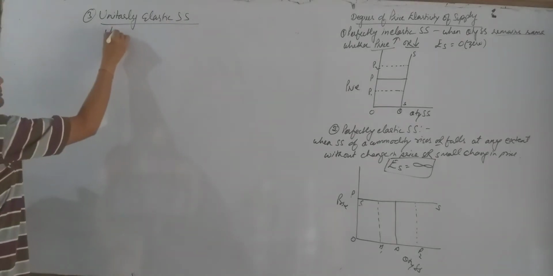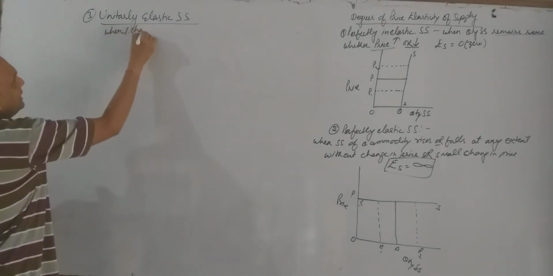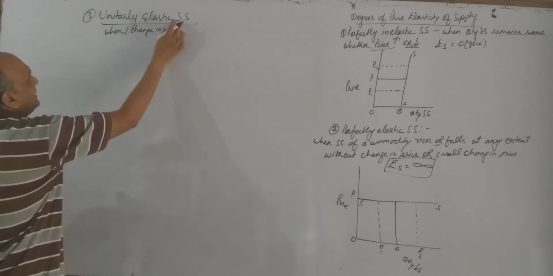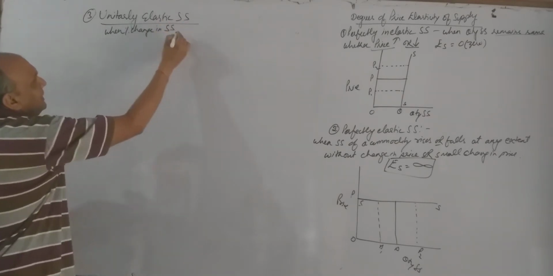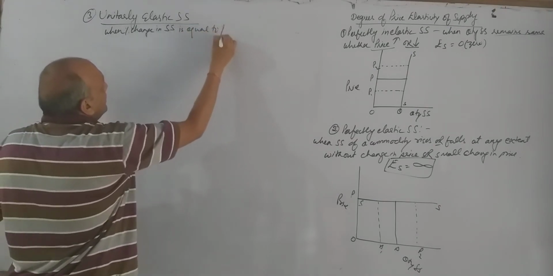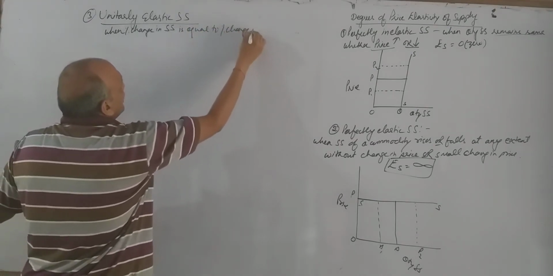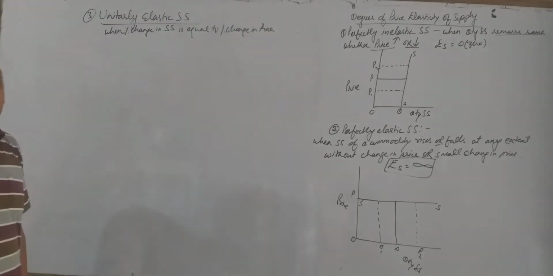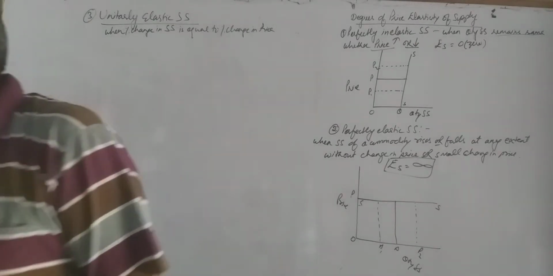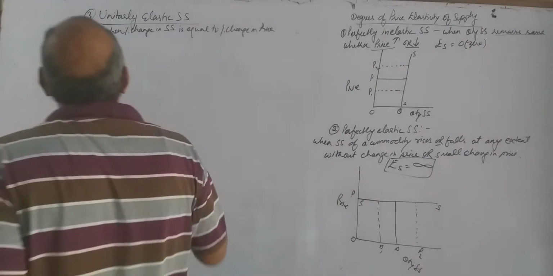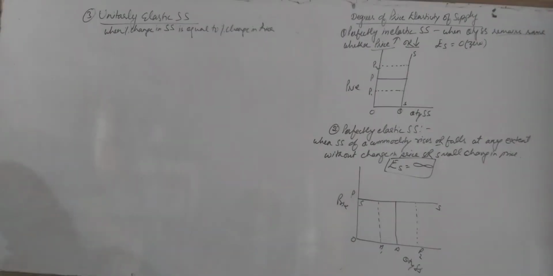When percentage change in demand, sorry, not in demand, my dear, in supply is equal to percentage change in price. If my price changes by 10% and my supply also changes by 10%, then in this situation it is known as unitary price elastic supply.